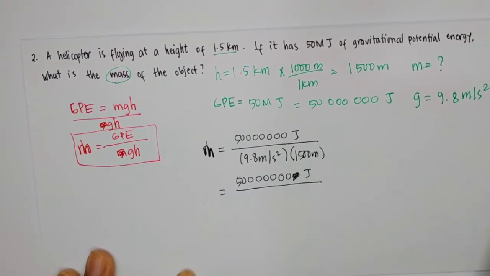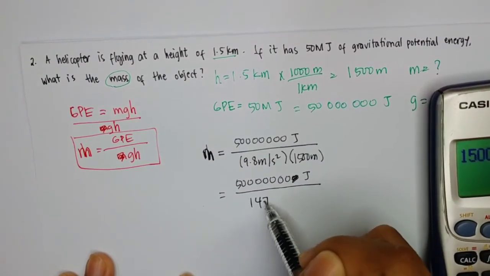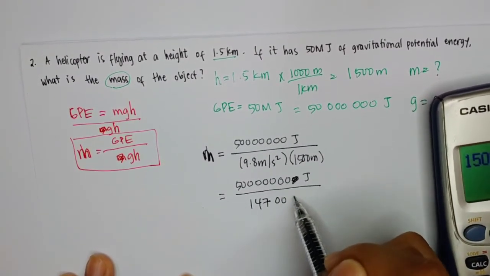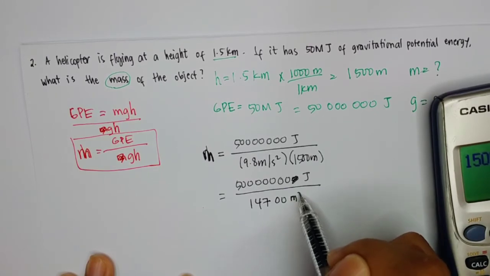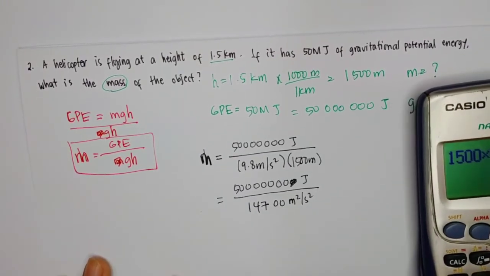So this is 50 million joules over 1,500 times 9.8, which is over 14,700 meters squared per second squared. So what will our mass be?